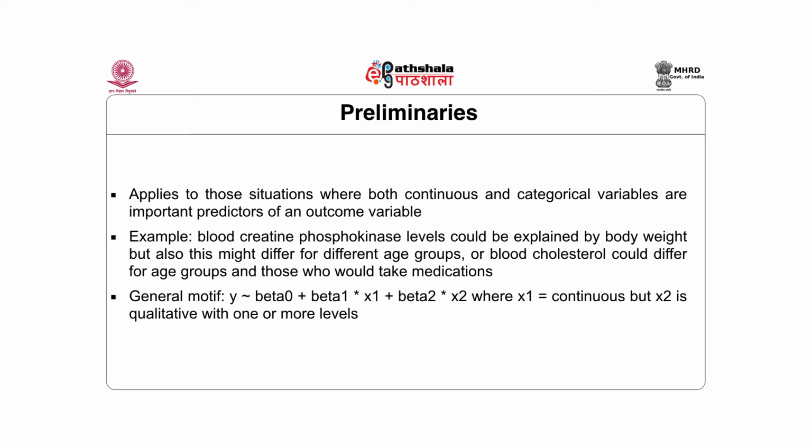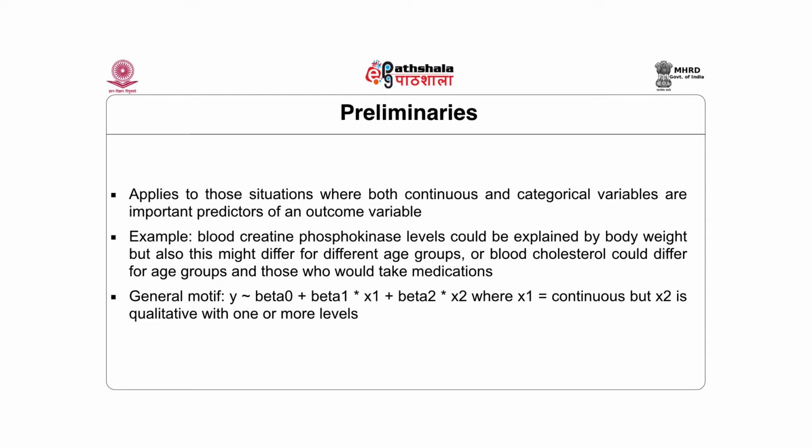Another example, which you have already met, is the blood creatine phosphokinase levels, which we tried to explain using body weight and the different age groups, or maybe blood cholesterol levels or some other things.